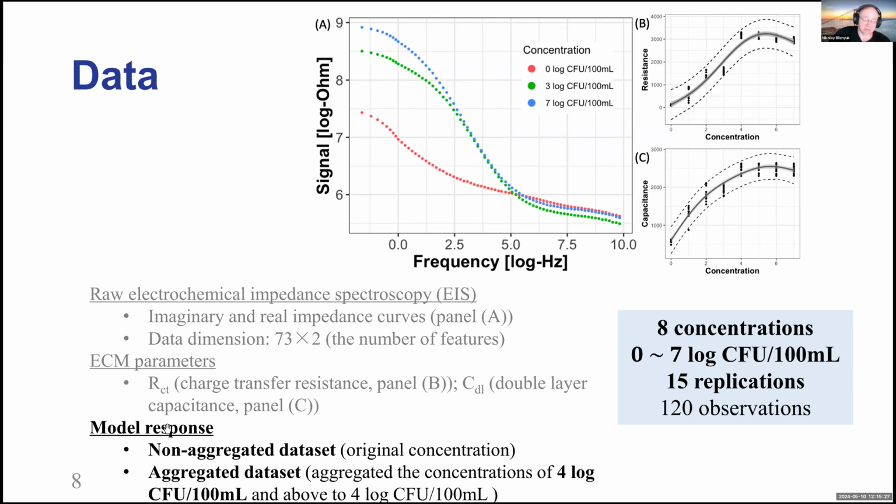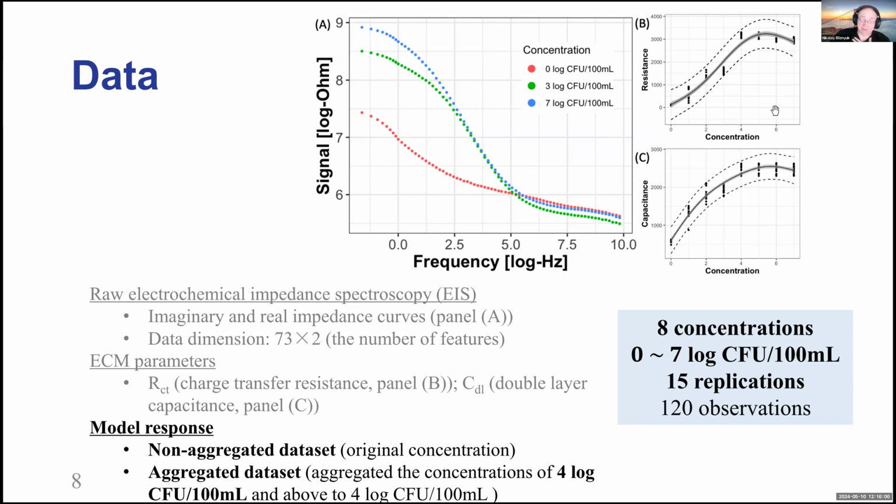Now, in terms of the model, in terms of the response or outcome variable, here we will be trying to predict the log concentration directly. So this will be our response or target variable. One can work with the original log concentration, in which case one will have 8 different log concentrations, or one can work with an aggregated data set where the last 4 log concentrations are collapsed into a single category.